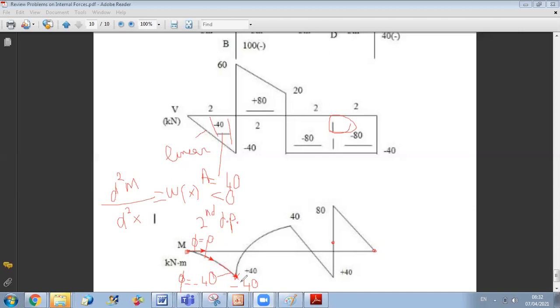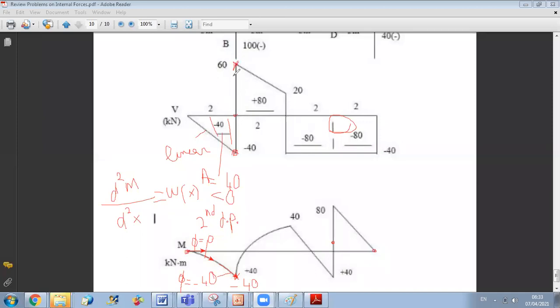Okay. So here, when the shear changes suddenly, in the bending moment I will not have a jump, but I will have a sudden change in slope because V represents the slope of the moment. So the slope just before this point was minus 40, while just after it is 60.